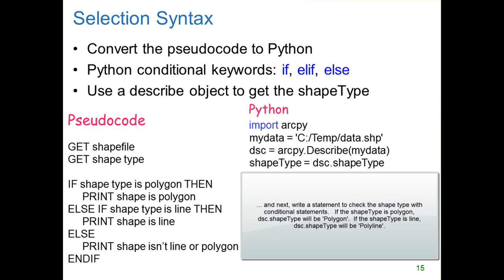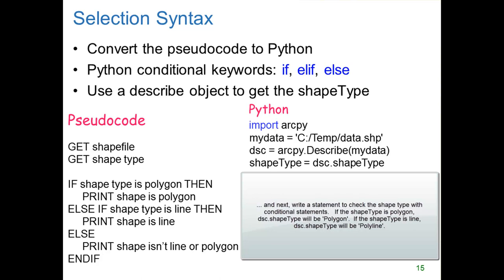Okay? So now try to write the Python code for those conditionals. You're going to be checking if the shape type is equal to "polygon" or "polyline". And remember the comparison operators that you just learned for equals.